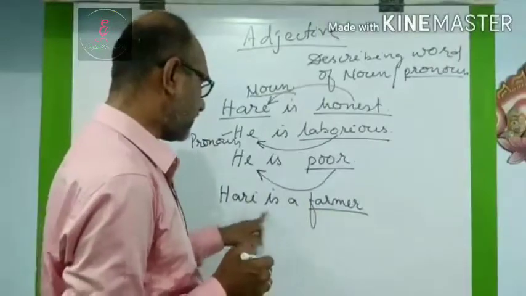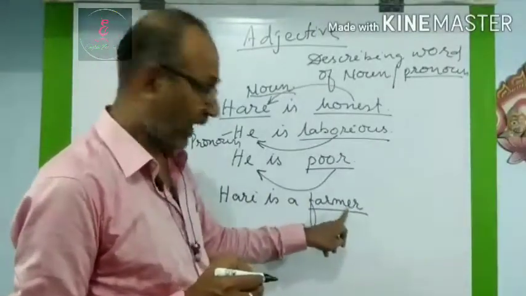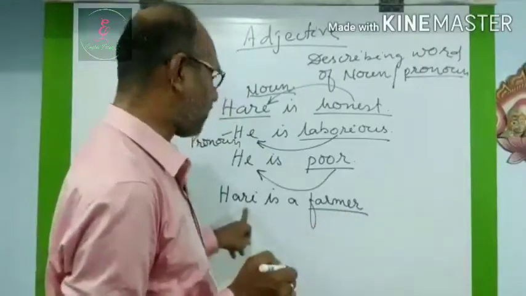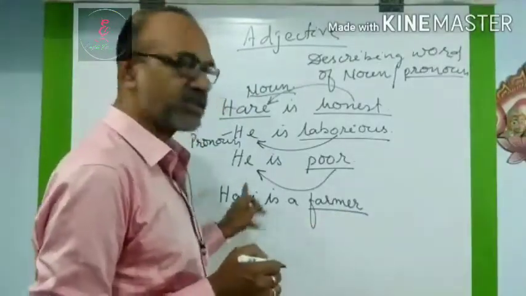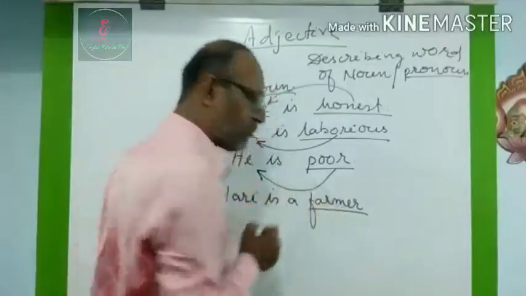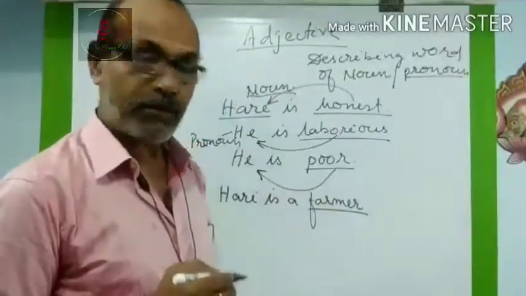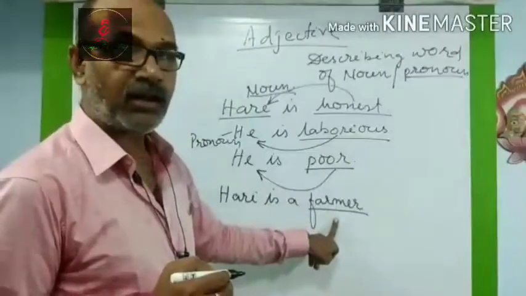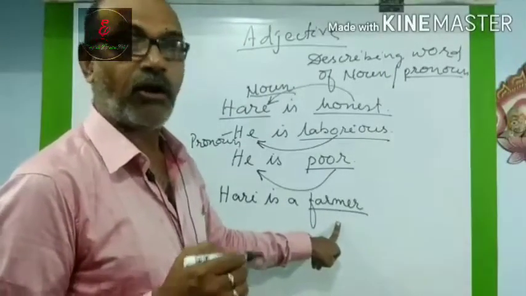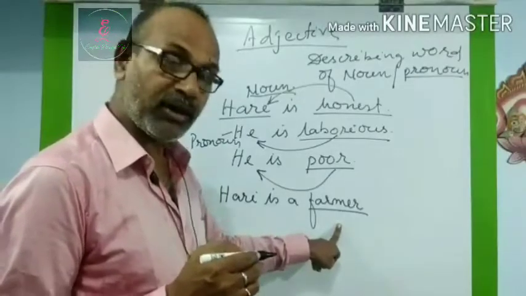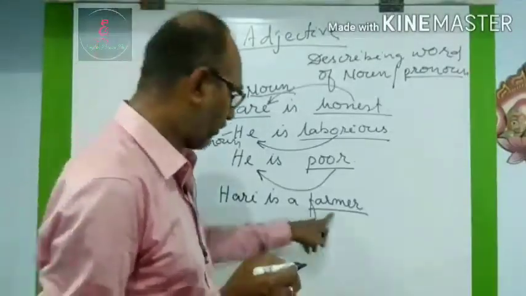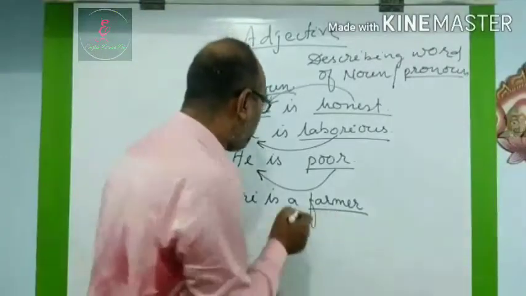Hari is the subject, farmer is the object. And here the farmer is the word that describes or says something about Hari. So this farmer is also known to be an adjective, but it is not any word of quality, though it describes Hari.